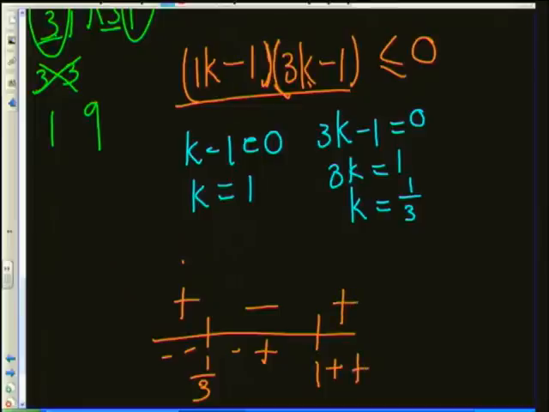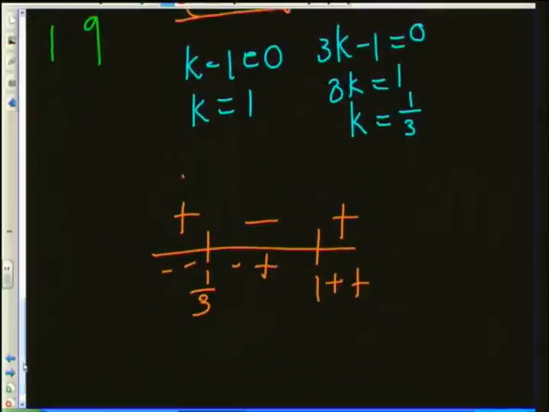Right, so we are almost done with this question. Let's do our answer here on the right-hand side. So where is my product going to be positive or equal to 0? It's going to be positive or equal to 0 from that section, from that third going that way, and from that 1 going that way.